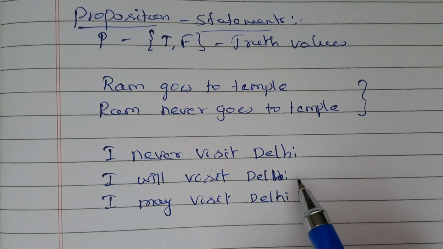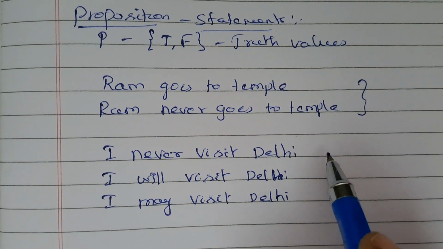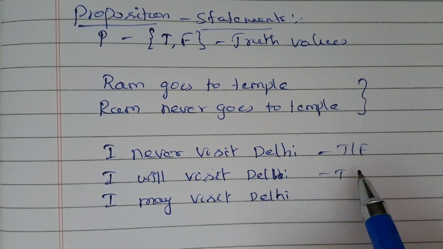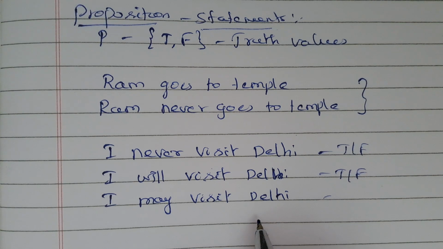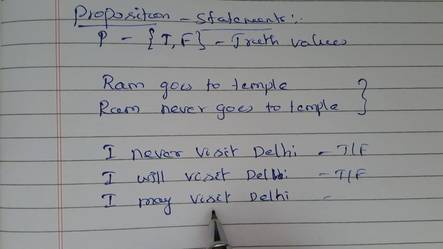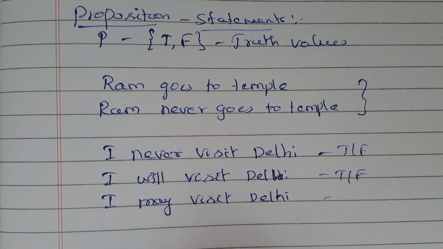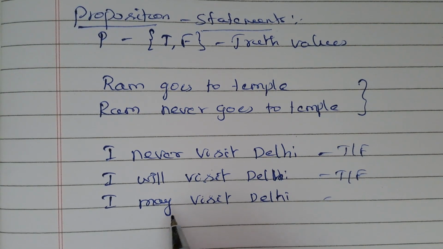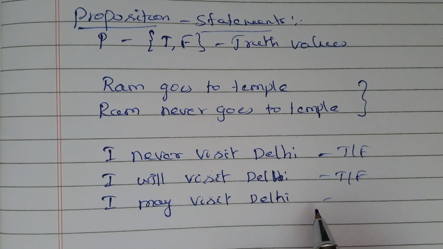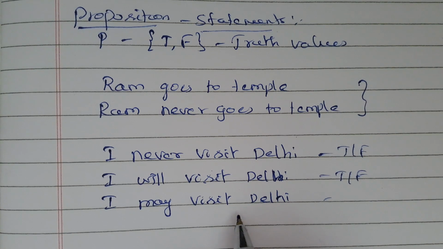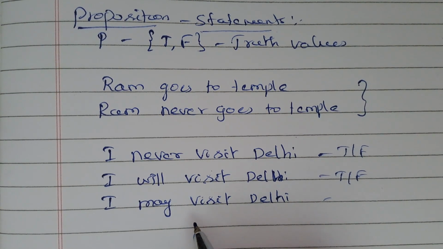I will visit Delhi, here also we can say true or false. But in I may visit Delhi, you cannot say whether it is true or false because the sentence itself has some ambiguity. May means may or may not, so both true and false would be correct for this sentence. So you cannot fix any truth value for this, so it is not a proposition.